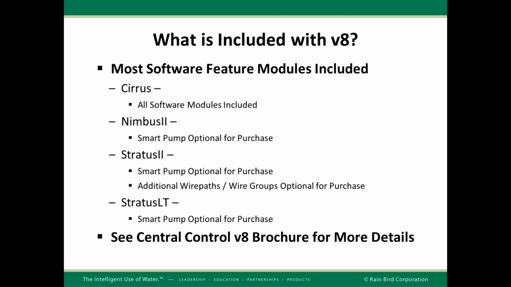Stratus 2 also has everything included except Smart Pump and the additional wire paths. And lastly, Stratus LT is going to have everything that was previously optional included except for Smart Pump. And you can have a look at our Central Control version 8 brochure if you have any additional questions on that.